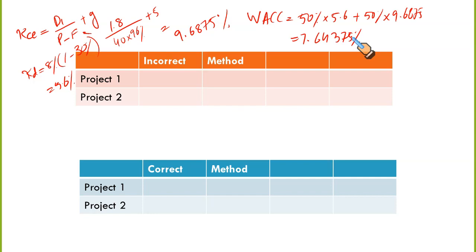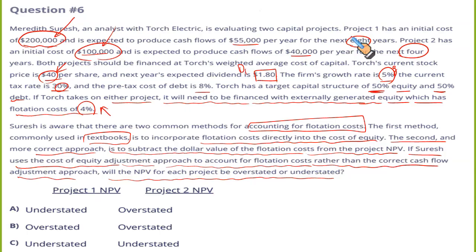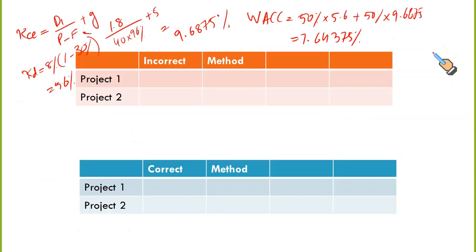Okay, both the projects, we have the information. Let's just have a look again. First project, 200,000 initial outflow, 55,000 yearly inflows for next 8 years. Then for the second one, 100,000 outflow and then 40,000 inflow for the next 4 years. So keep this information. It's not the incorrect approach, it's the textbook approach.